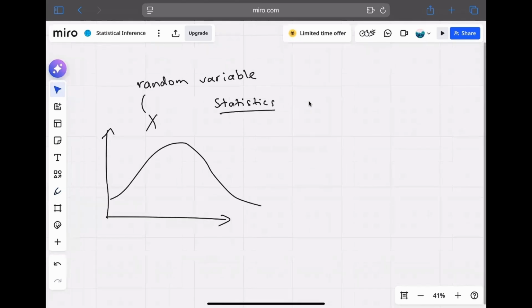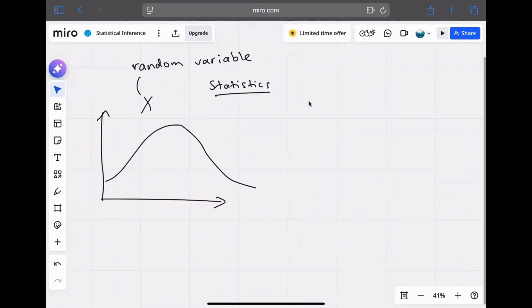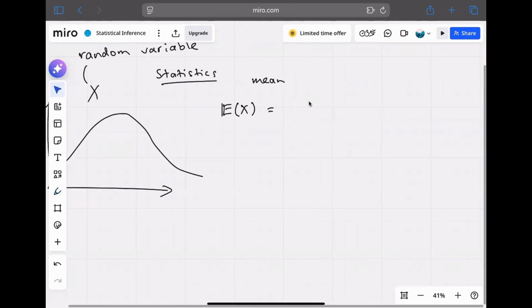Now I'll go to expected value because it doesn't get touched upon, but understanding it is pretty important. So the expected value, you can just call it the mean, but that's just the sum of the value x multiplied by the probability when the random variable is equal to x.